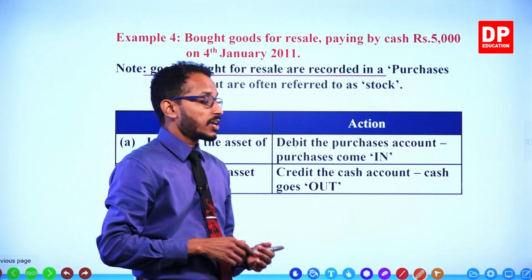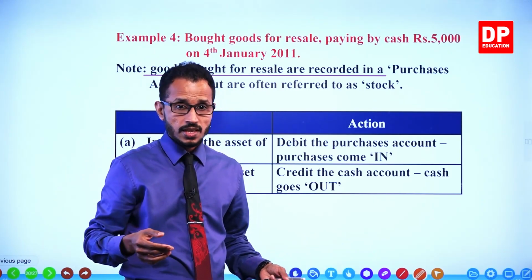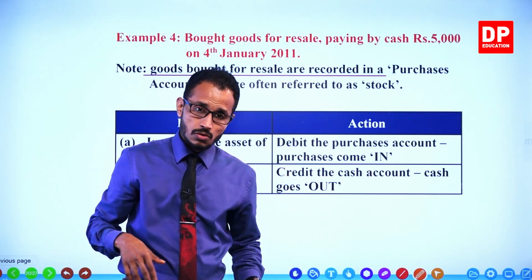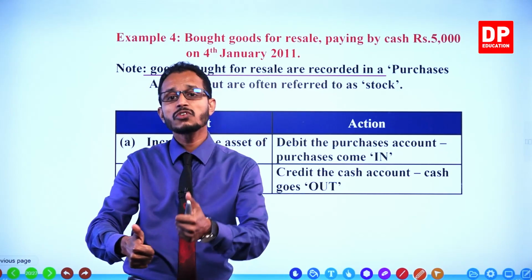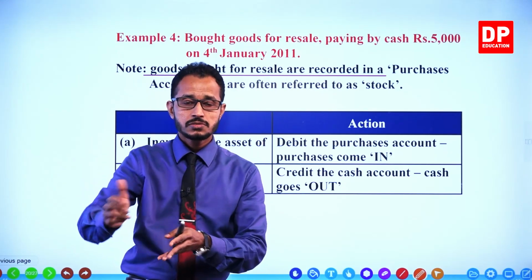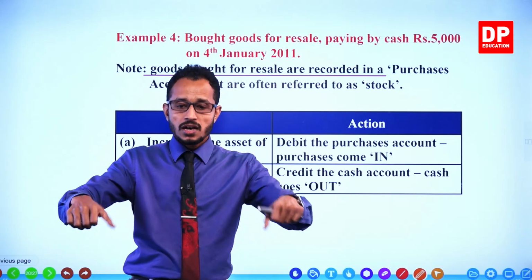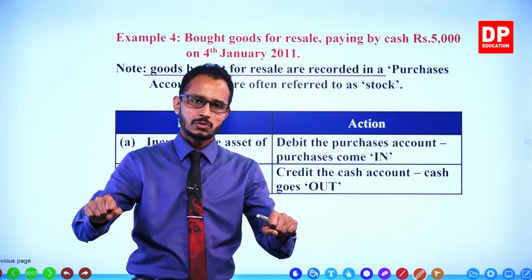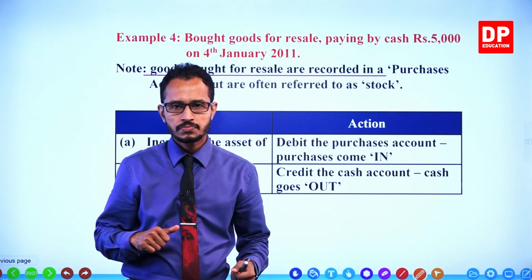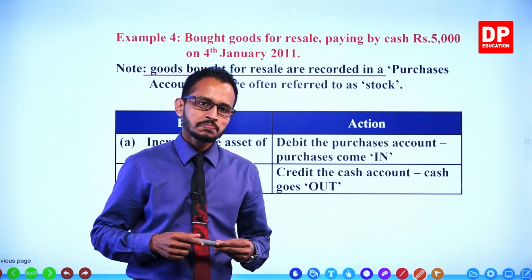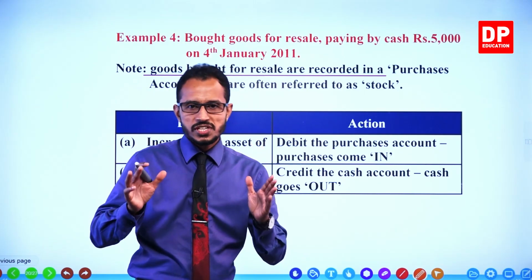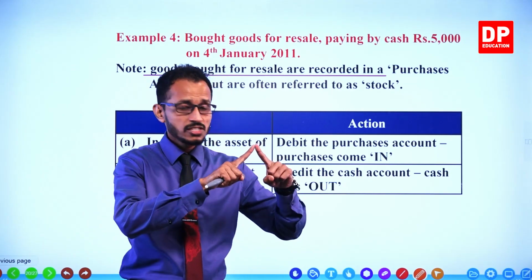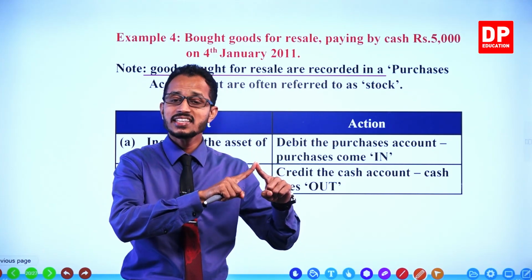But if you buy something else, like a machine or equipment for the use of the business, or a motor vehicle, like a bike to be used for delivery purposes, those are for using, not for reselling. Those are assets which are bought for using.